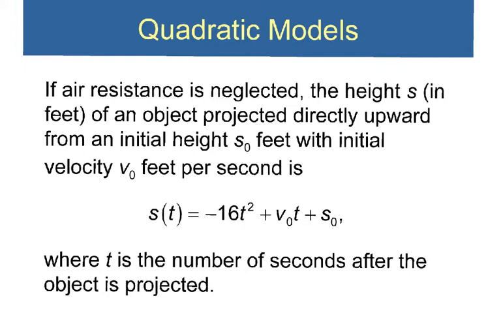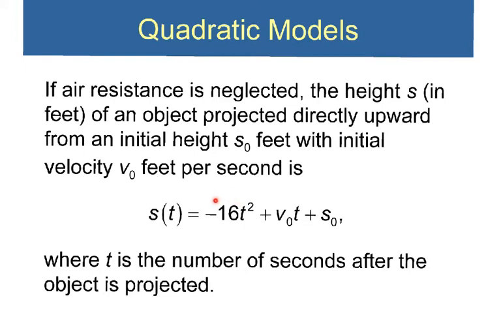And that's what this particular model is. It measures the height of a projectile, with our initial height being this right here, and our initial velocity being this right here. So whenever you're given a quadratic model to write, or in a word problem, you will be given the initial velocity and the initial height of whatever the projectile is.